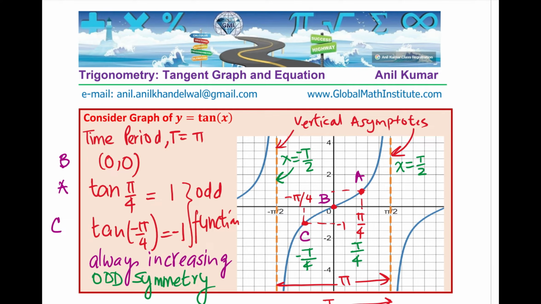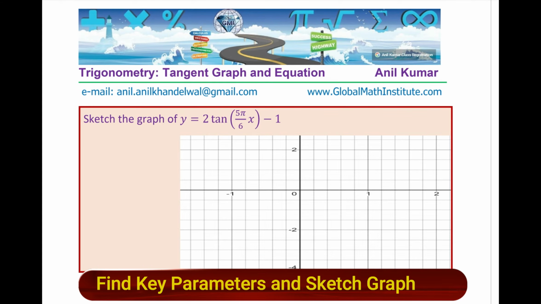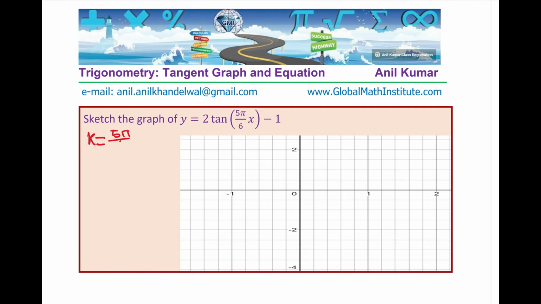Now let us also understand the transformation when we are going to sketch our transformed function. So our function given to us is 2 tan (5 pi by 6 x minus 1). In this, the value of k is 5 pi by 6.